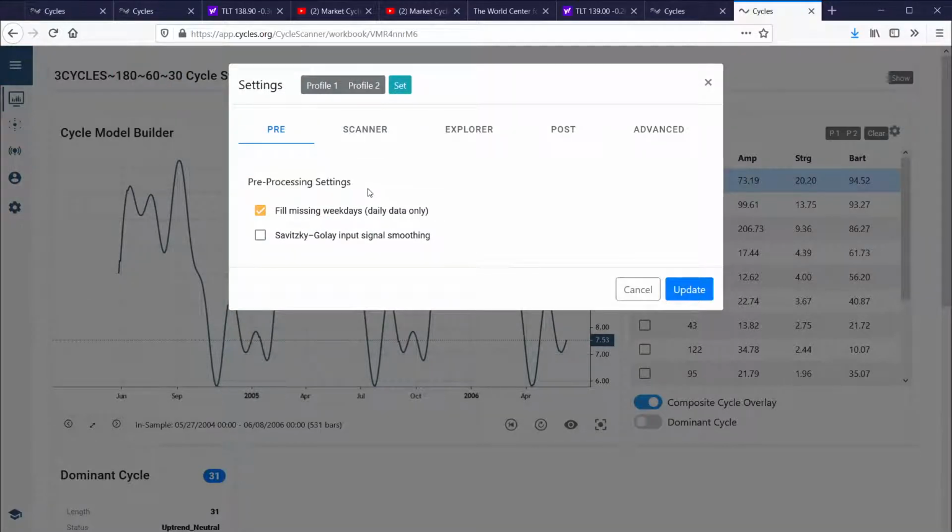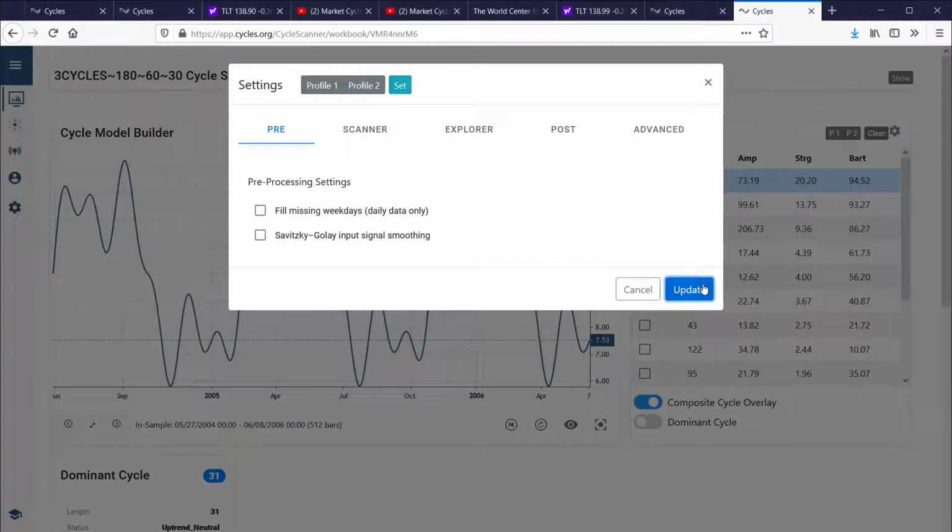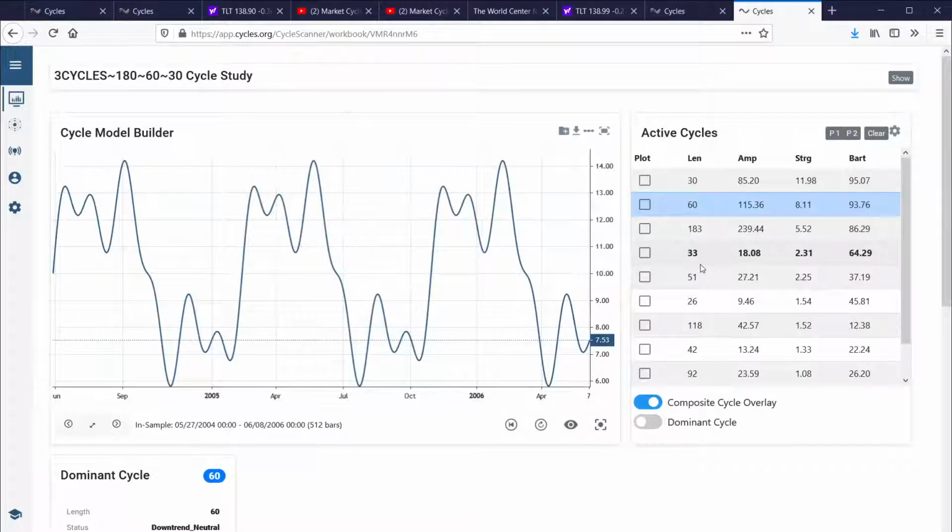If you upload your own data, you should first deactivate all pre-processing settings. If we update this with all pre-processing disabled, you can now see that the cycles with a length of 30 and 60 are detected at exactly the same length, and just the cycle with the longer length of 180 now has a deviation to 133.